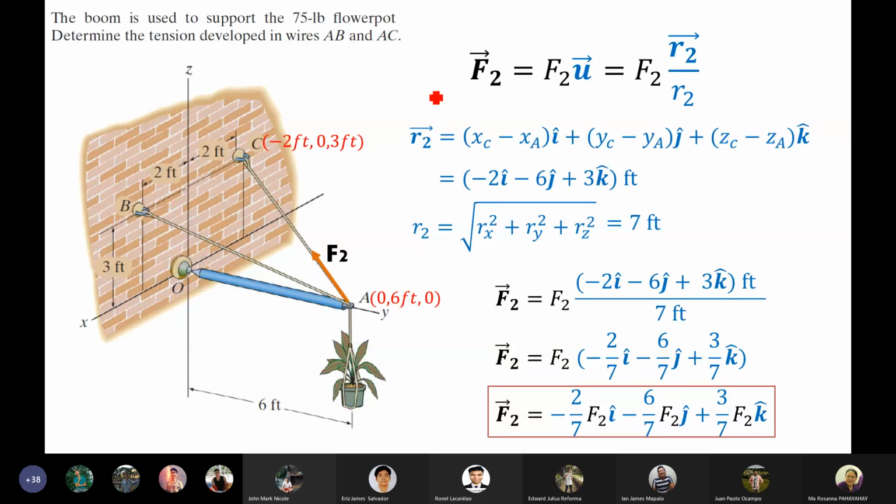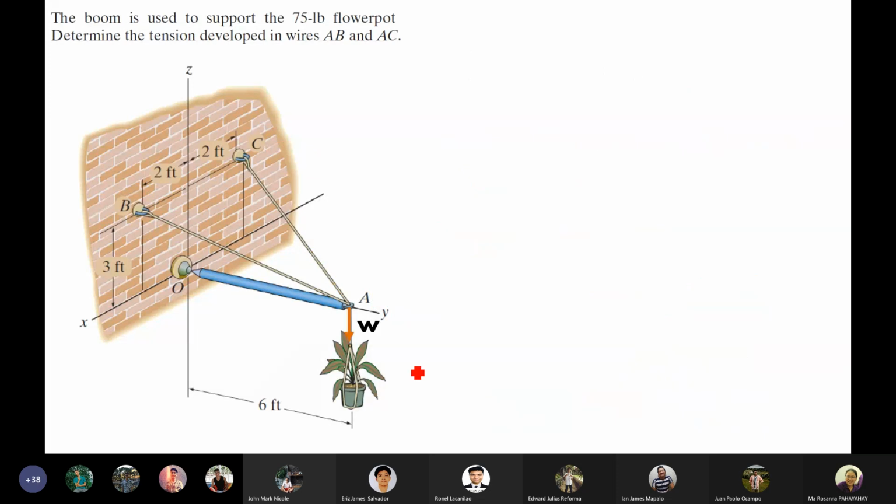Kasi yun yung pinapahanap. And definitely, wag niyong kakalimutang i-convert din si weight into Cartesian vector. Since this is given naman ang magnitude niya and that is directly going downward, so that is negative 75 pound K hat. Okay? So medyo madali ito since directly lang siya along z-axis.